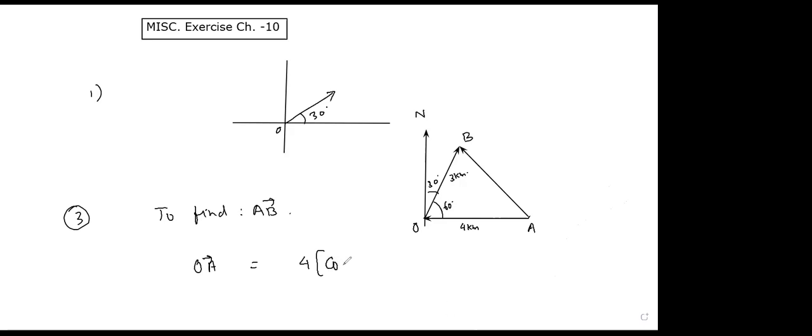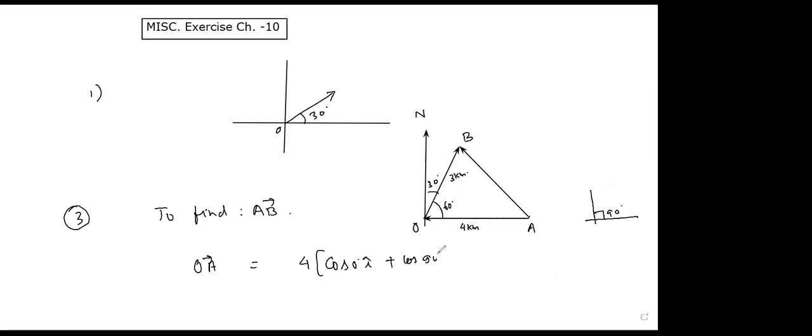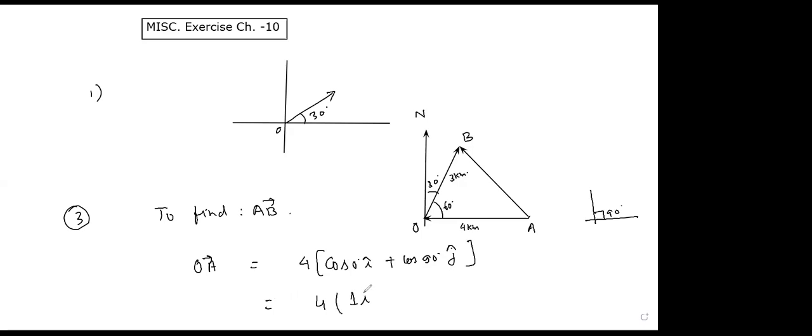So cos 0 degree i cap. And it makes 90 degree angle with y-axis, so this will be cos 90 degree j cap. So finally we have 4 times cos 0 is 1 and cos 90 is 0. So 4 times 1 i cap plus 0 j cap. So finally we have 4 i cap.